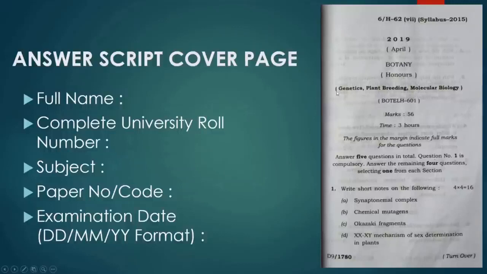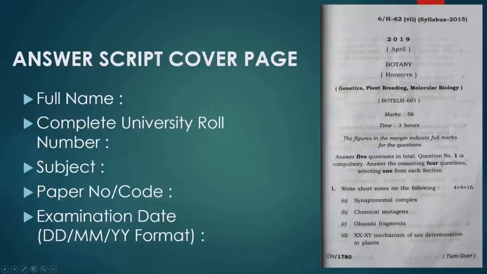Then below the name of the paper, you will find a certain code. In this case, it is BOTELH-601. This is the paper number or code. So in your question paper, this will be different. So you will enter in the paper number and code this particular code below the name of the paper.